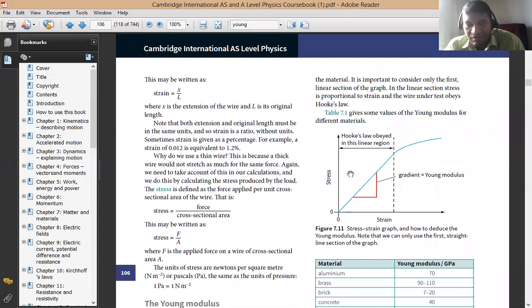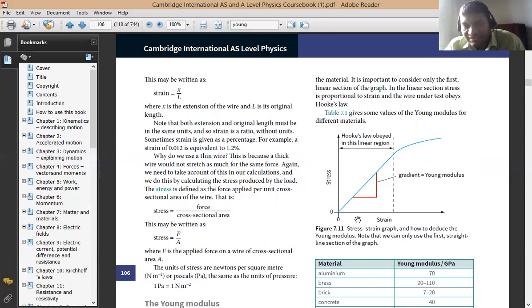If we present this on a graph, stress is on the y-axis and strain is on the x-axis. Stress y, strain x. The gradient of the line that is drawn provides us the Young modulus. The point beyond which the gradient isn't the same is where Hooke's law is no longer obeyed.